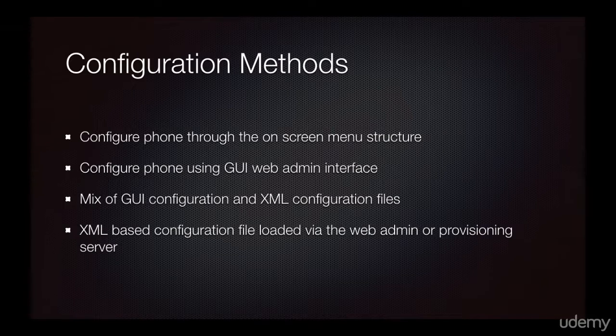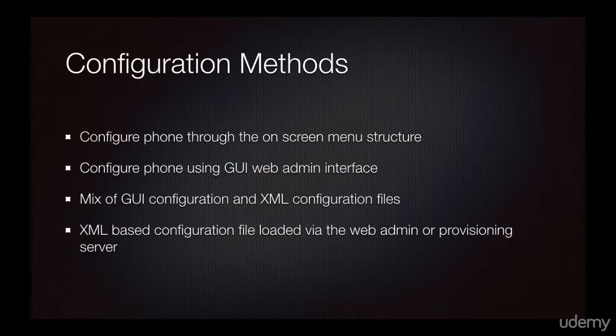So the configuration methods that are available to you with the Polycom phone are, first and foremost, you can configure a phone through the phone's menu structure, through the phone interface. So you can just walk up to a phone, start using the menu and type in SIP credentials as well as other settings, which we'll go through in future slides.